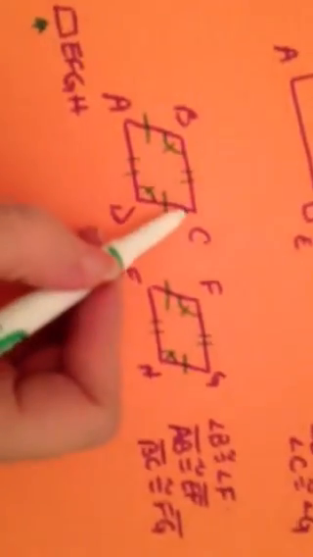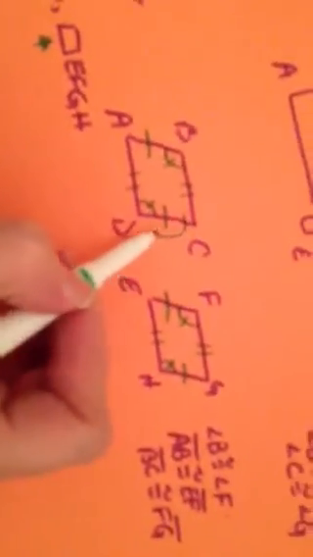What else do you know about the parallelogram's angles? These two angles, which are consecutive, have to add up to 180 degrees, right? So angle C plus angle D equals 180. Angle H plus angle G equals 180. What do we know about D and H? Yep, they're the same.